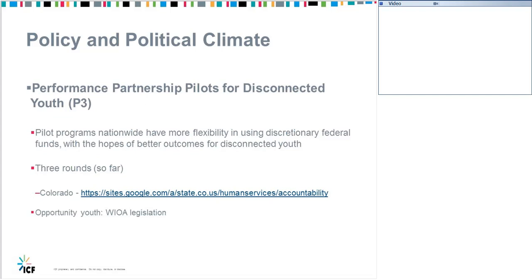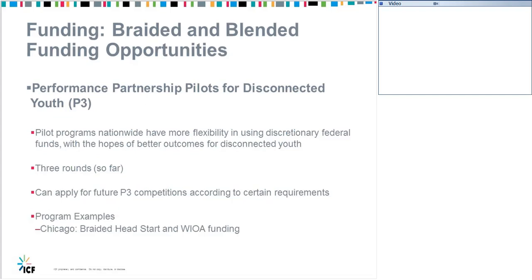So on the next slide, I want to mention, I know there's a cluster group on braided and blending funding, so this is relevant to folks on the line. I had a conversation with someone from Jobs for the Future who mentioned this funding to me that I had never heard of.